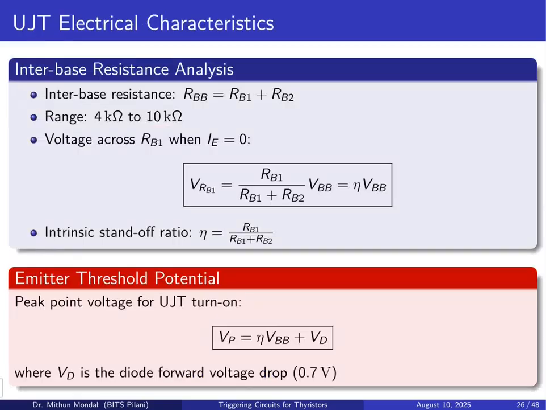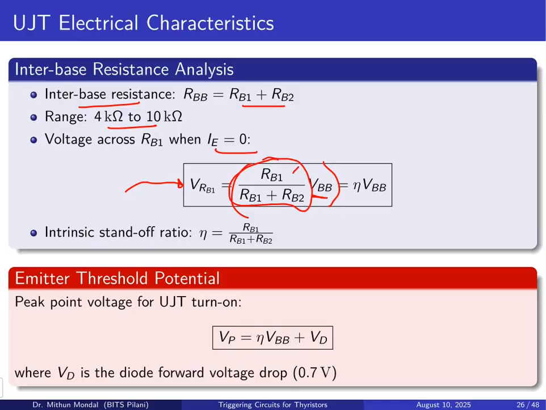And if you look at the electrical characteristics of this UJT, the interbase resistance, which is the summation of the two base resistors, can have values from 4 kilo ohm to 10 kilo ohm. The voltage across the resistor involving B1, when the emitter current is 0, is given by the voltage division rule involving the base voltage and the resistors: RB1 by the summation of the two resistors.